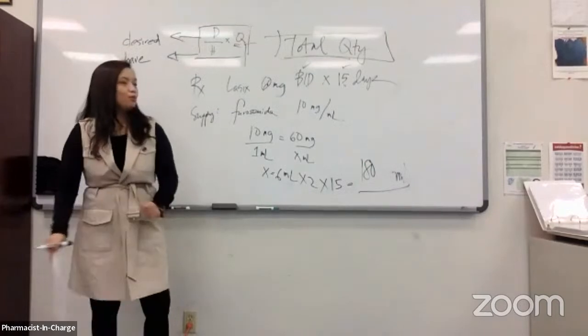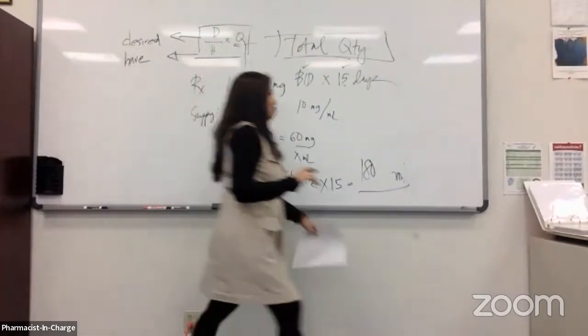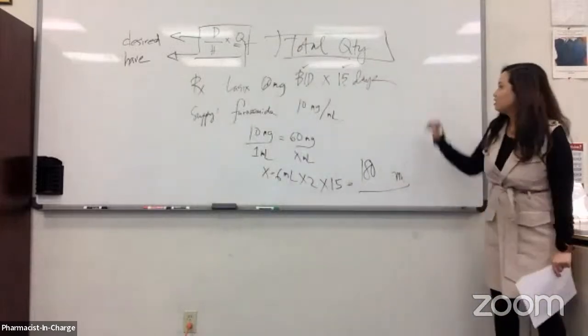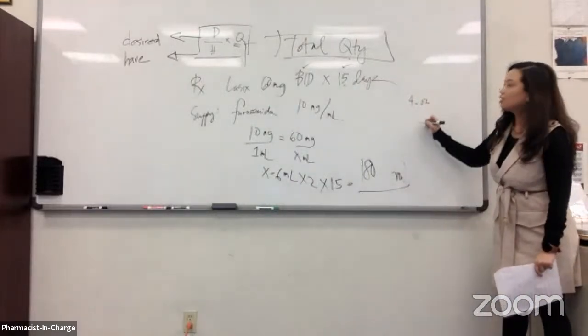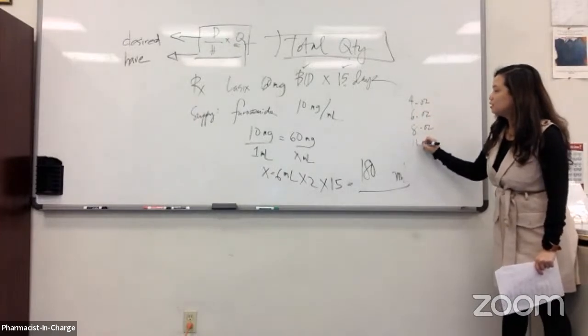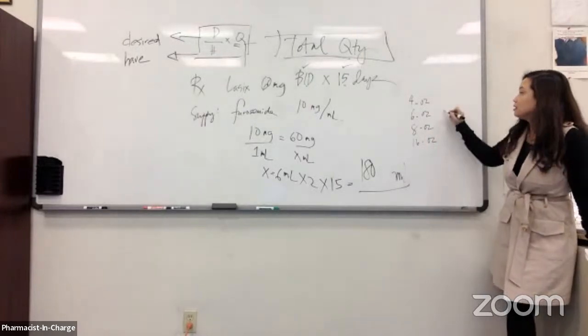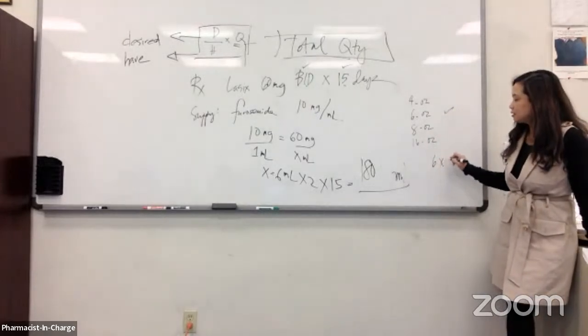Test. What prescription bottle should you dispense this in? Added question. 4 ounce bottle, 6 ounce bottle, 8 ounce bottle, 16 ounce bottle. Huh? The 6 ounce bottle, why? 6 times 30.